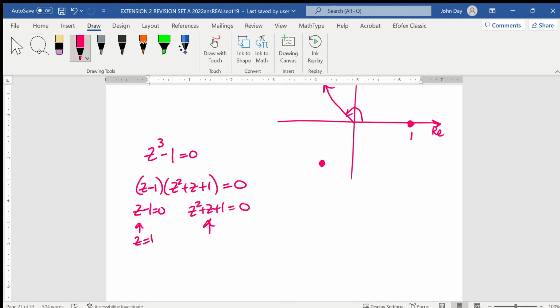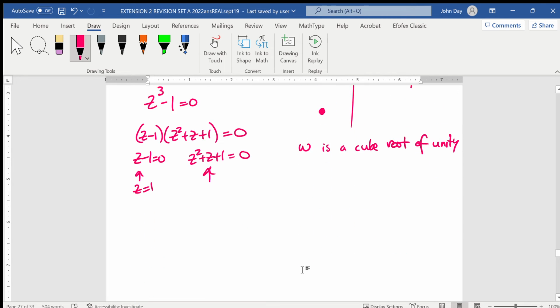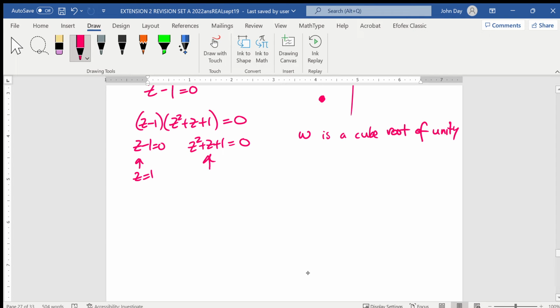Well, they've told us in the question that w is a cube root of unity. So that means w cubed must equal 1, and w cubed minus 1 must equal 0.